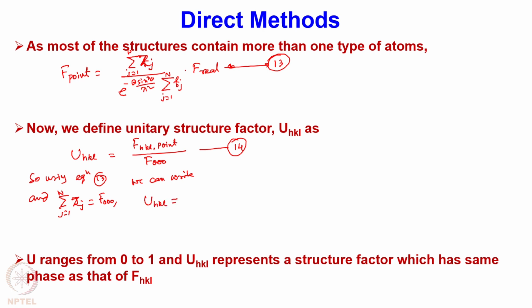UHKL is equal to FHKL point divided by e to the power minus b sine square theta by lambda square into sum over j equal to 1 to n Foj.